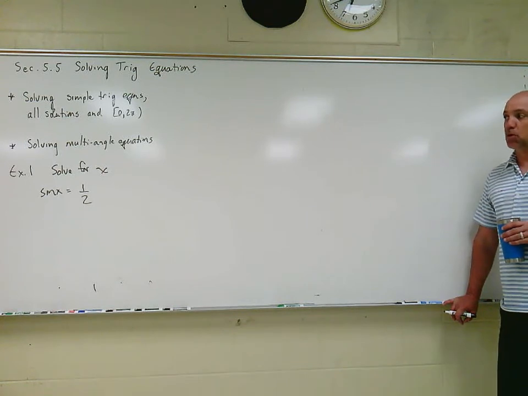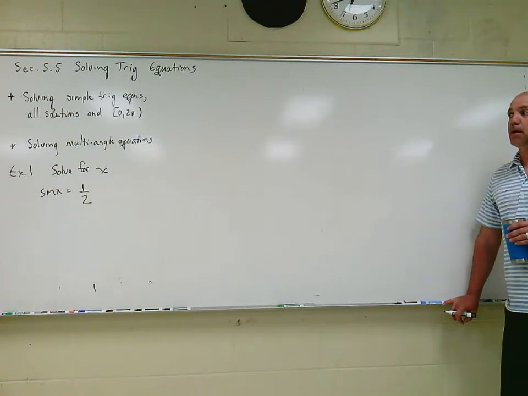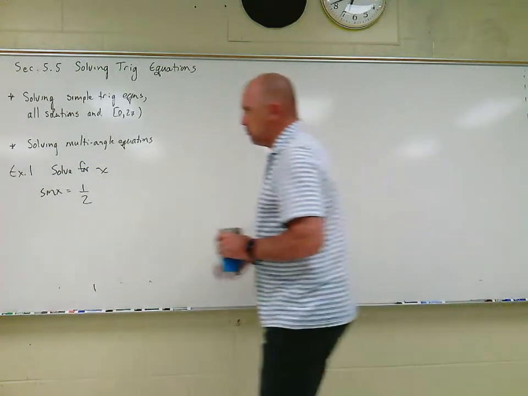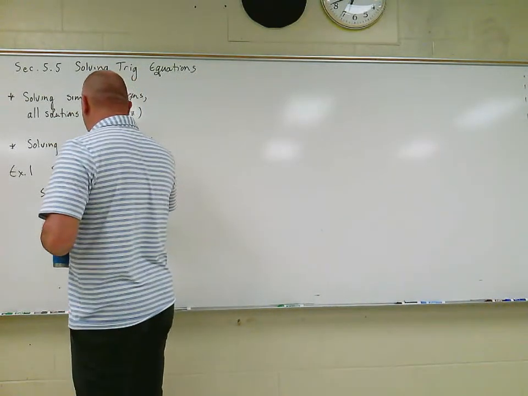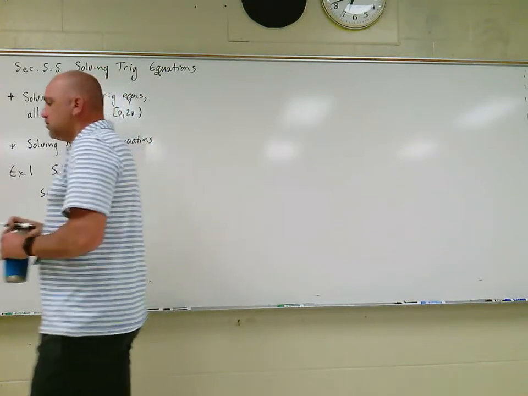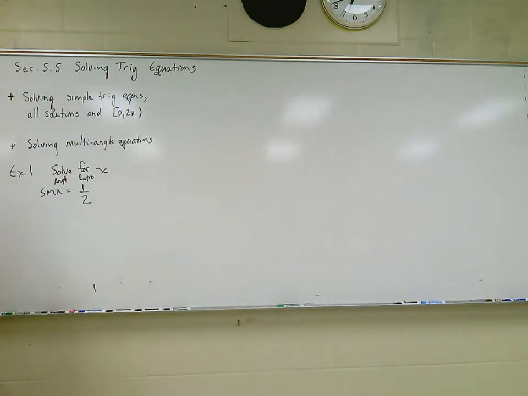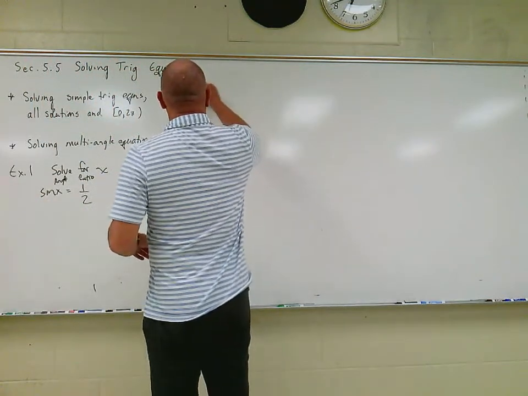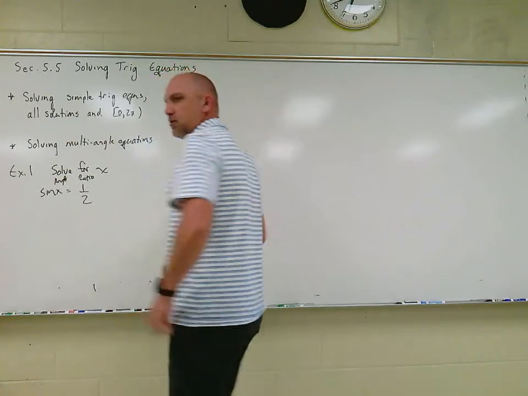So we're looking for an angle. How are we going to go about doing this? We've got the ratio, and we have to work backwards and figure out sine of what angle gives us 1/2. What will be helpful is that little chart, the ASTC. Why is this going to be helpful?